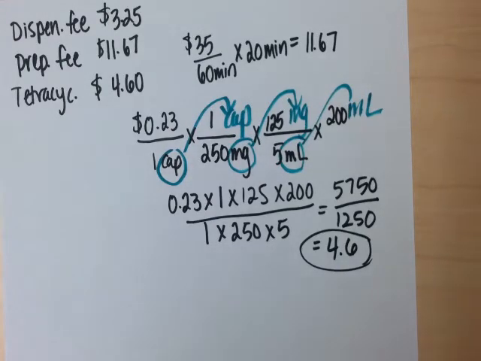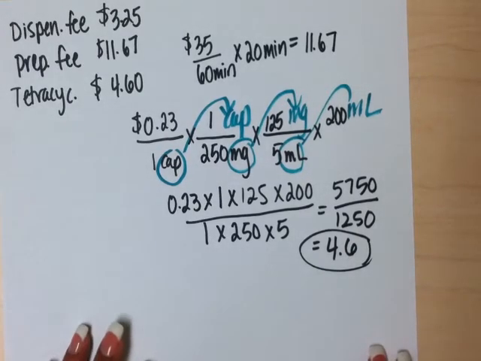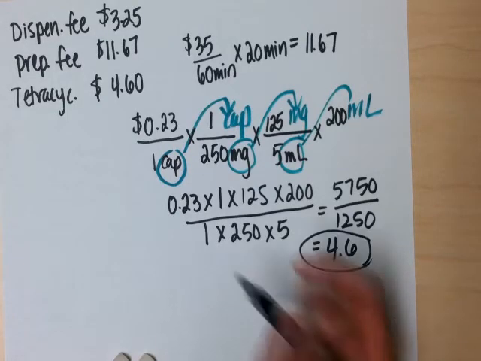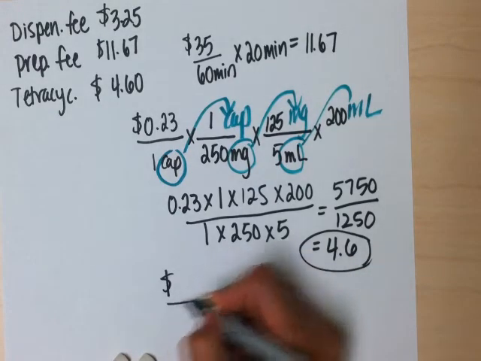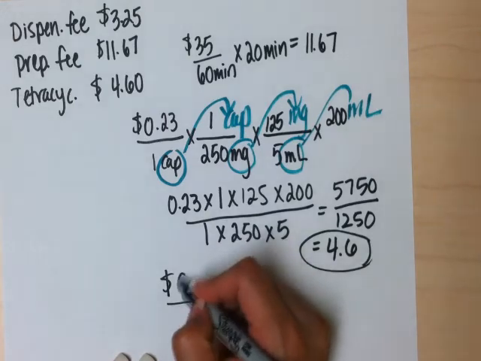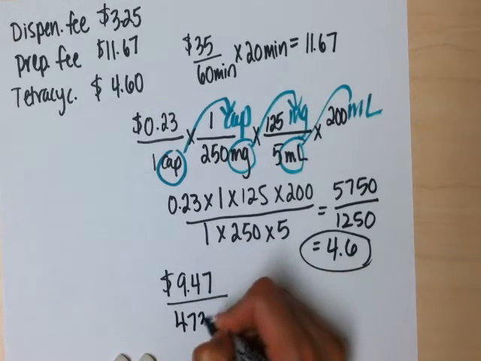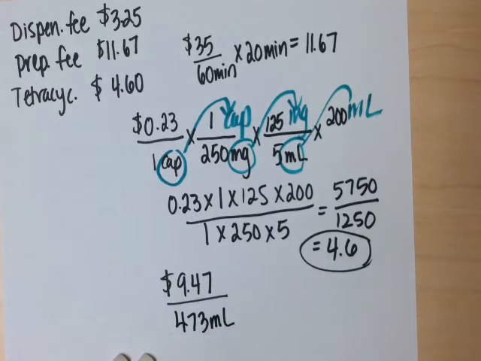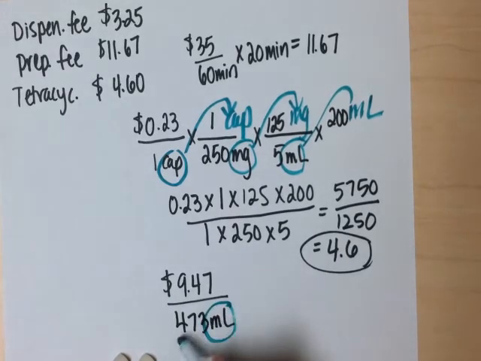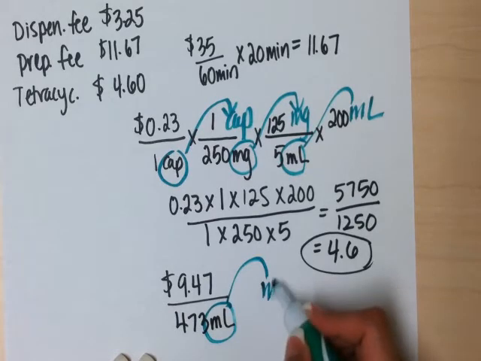Now the last two ingredients are going to be for the Ora Plus and the Ora Sweet, which is $9.47 for 473 mLs. And fortunately, we're using an equal portion because it's 50% Ora Plus, 50% Ora Sweet. So again, we're trying to calculate the cost. So dollar sign will be on the top. It's $9.47 for 473 mLs. But we're not using 473.